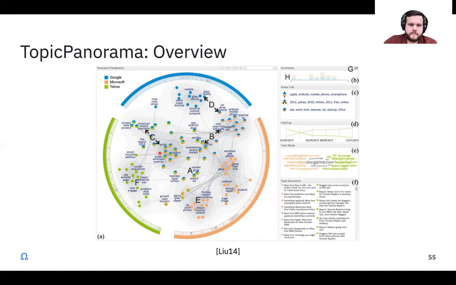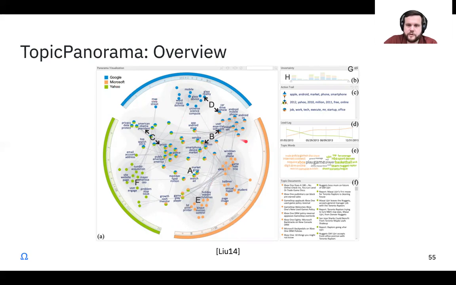To give you an overview, here we see the three providers, Google, Microsoft, and Yahoo, and some of the key topics that are discussed at certain times. We have topic words again color coded by the provider.